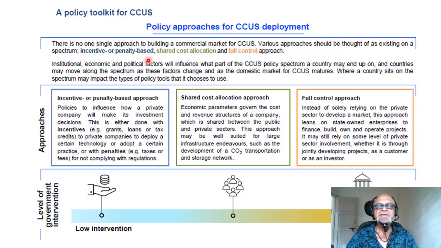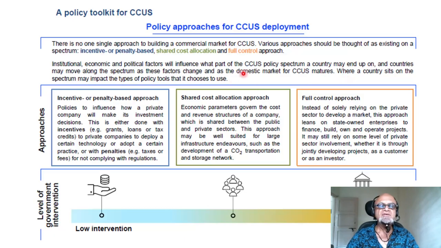Incentive or penalty based, so bottom up or top down kind of approach, market forces versus regulation based, shared cost allocation, and full control approach. Institutional, economic, and political factors will influence what part of the CCUS policy spectrum a country may end up on, and countries may move along the spectrum as these factors change and as the domestic market for CCUS matures.